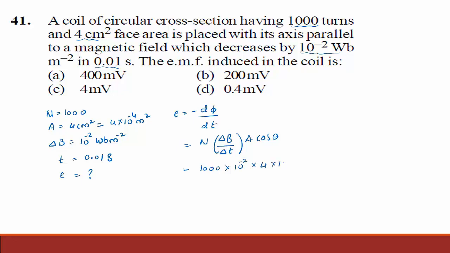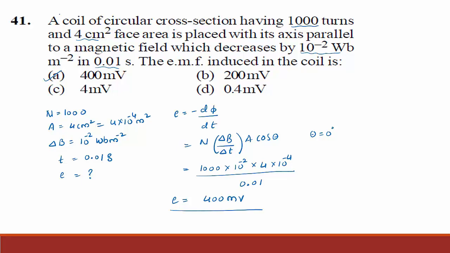Area is 4 into 10 raised to minus 4 meter square divided by delta t, that is time is given 0.01 second. Here cos theta, when theta is equal to 0 degree, cos 0 will be 1. So directly we can write, after calculating, E equal to 400 millivolt. We got the final answer 400 millivolt.